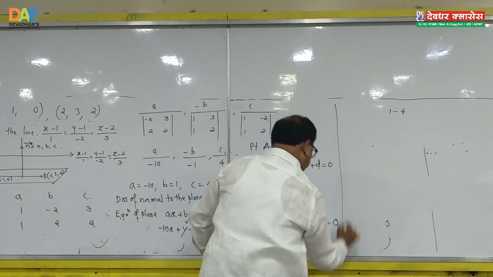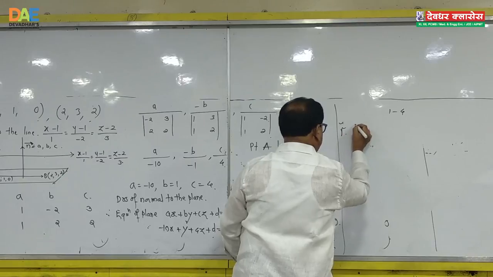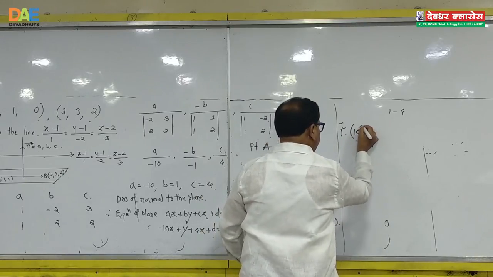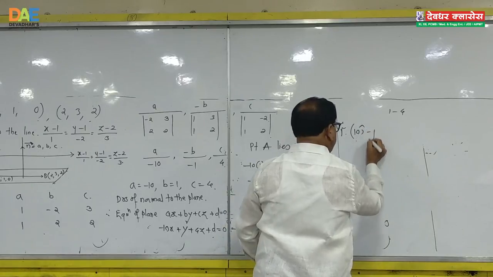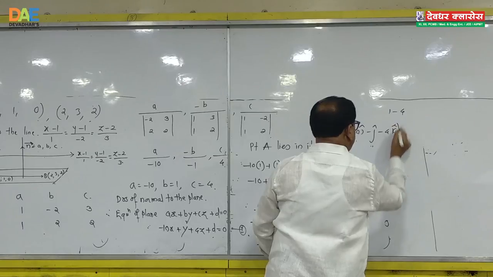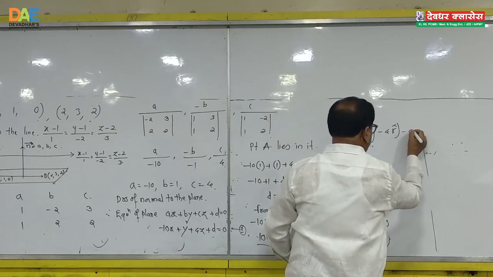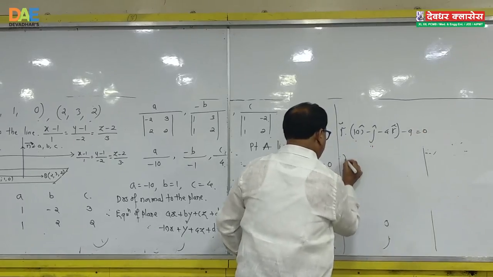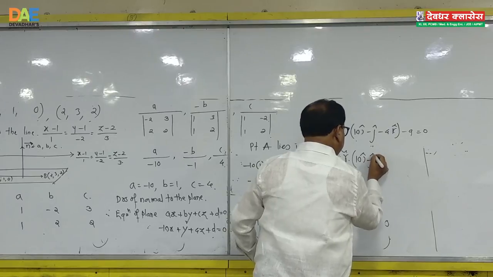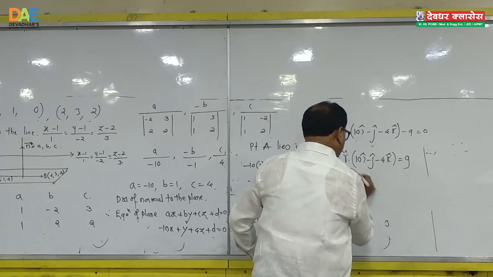If you want the vector form, that means r bar dot into bracket DRs, that is 10i minus j minus 4k, bracket complete, minus 9 is equal to 0, or r bar dot into bracket 10i minus j minus 4k is equal to 9.